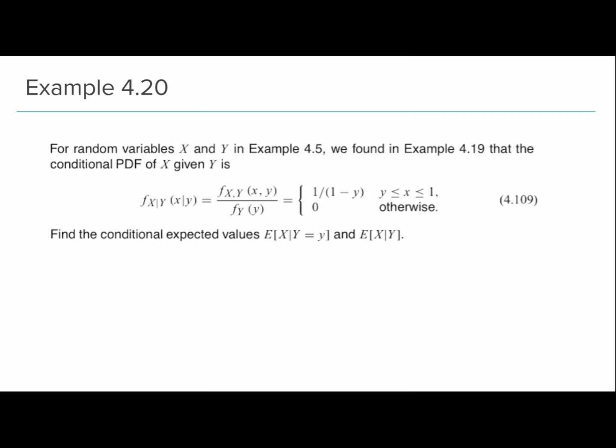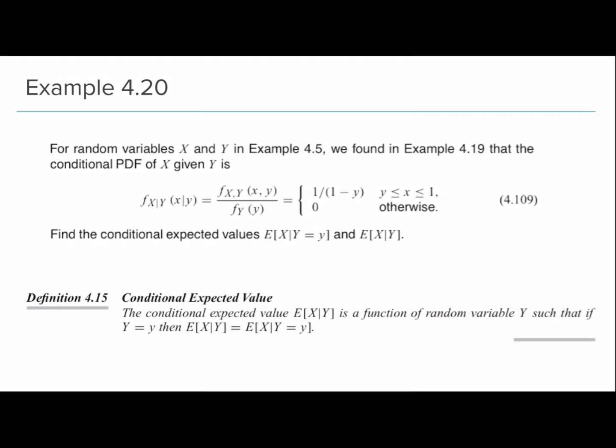And we have to find the conditional expected values E of X given Y equal to small y, and E of X given Y. So first I guess we'd like to understand what is the relationship between these two, and this definition can give us a better idea about that.